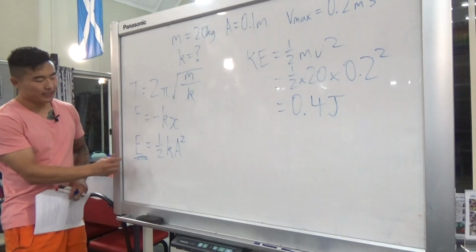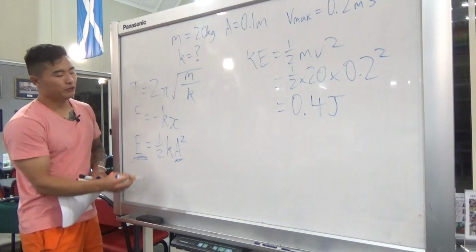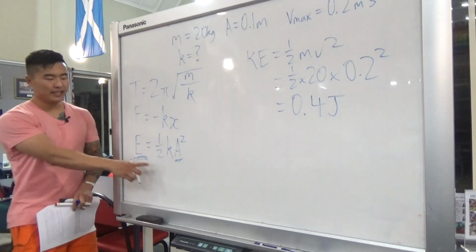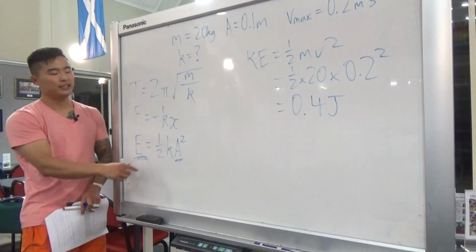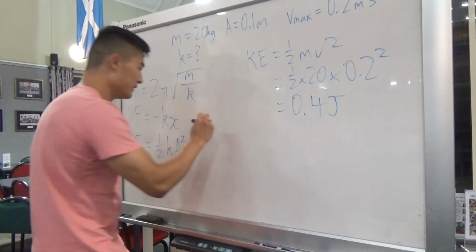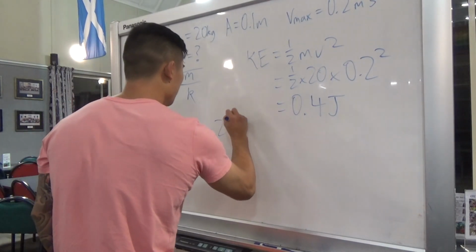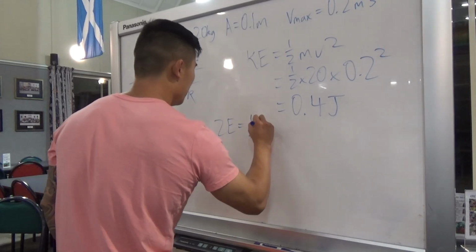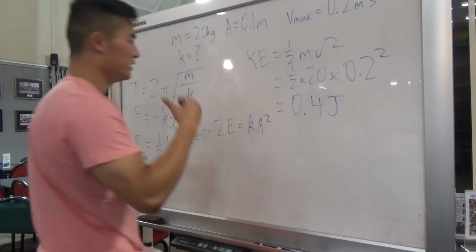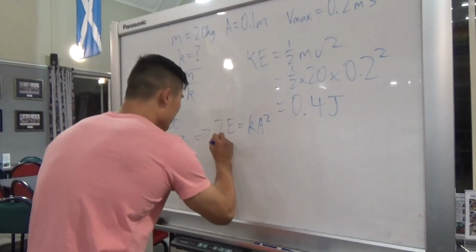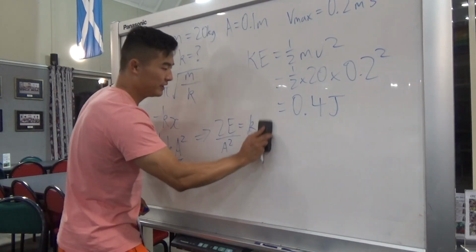So now we have E, and we also have the amplitude, and we just want to find K. We're going to rearrange this equation for K. Multiply both sides by 2 to get rid of the half, so 2E equals Ka squared. Divide both sides by A squared, which gets rid of the A squared.